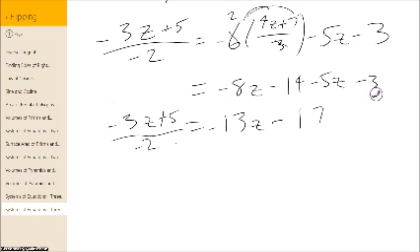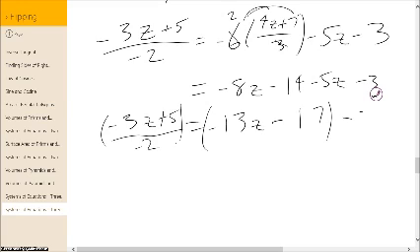Anyway, I am going to multiply both sides by negative 2, because doing so will cancel out that on the left. So I've got negative 3z plus 5. That's going to equal, let's distribute this negative 2.